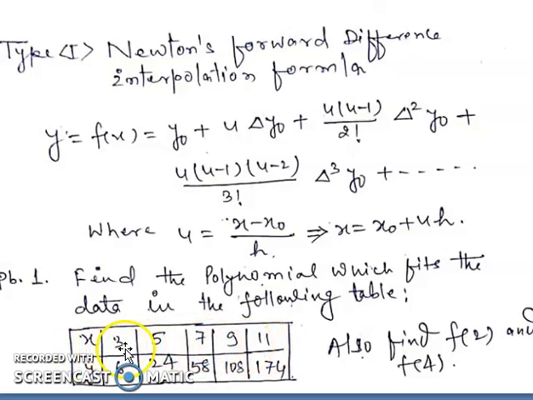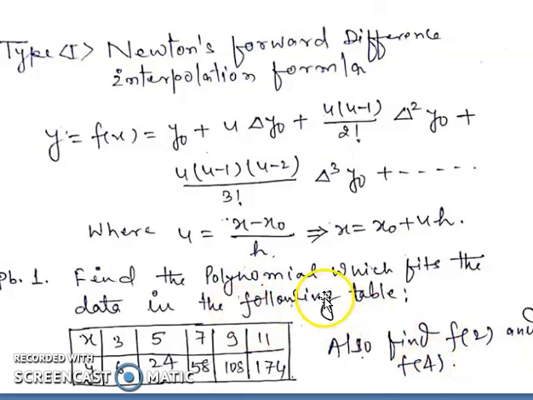See here, it has equal intervals. 3 plus 2 becomes 5, 5 plus 2 is 7, 7 plus 2 is 9, and 9 plus 2 is 11. That means the values have equal intervals. And the values of y are 6, 24, 20, 58, 104, 174. Also find f(2) and f(4).